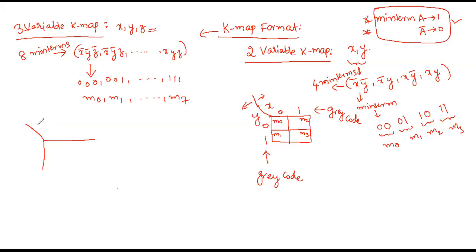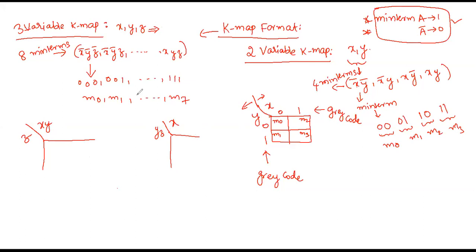So you can write the first two variables at one side, or you can write x at one side and y z at another side, either x y z like this or x y z.